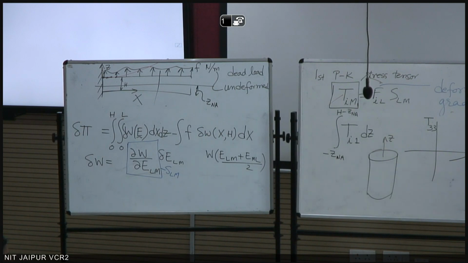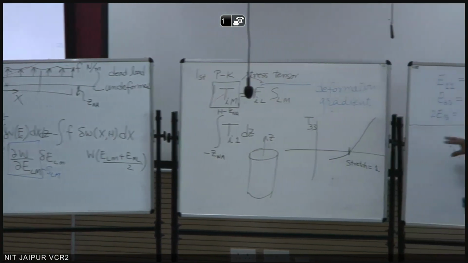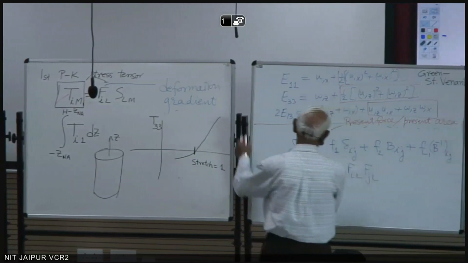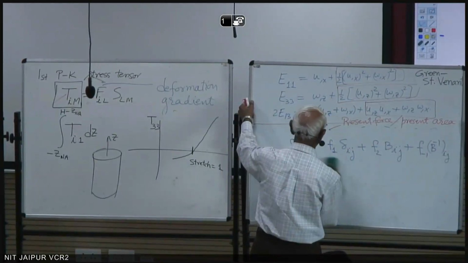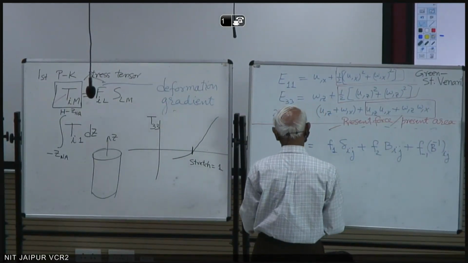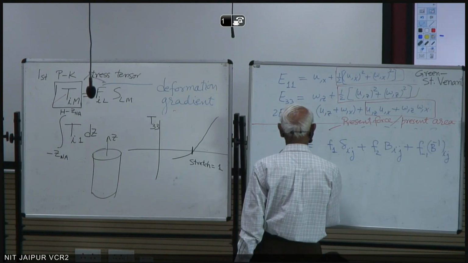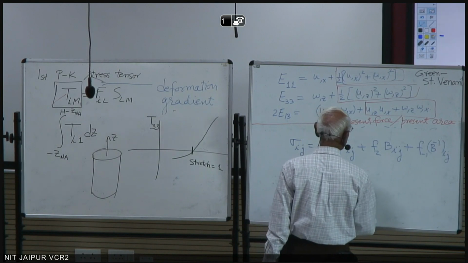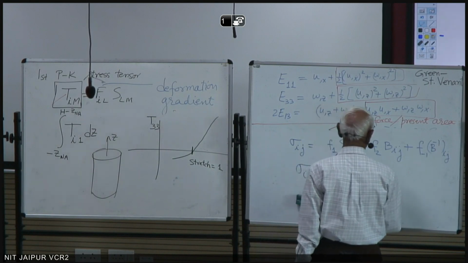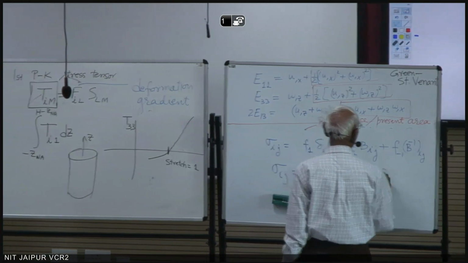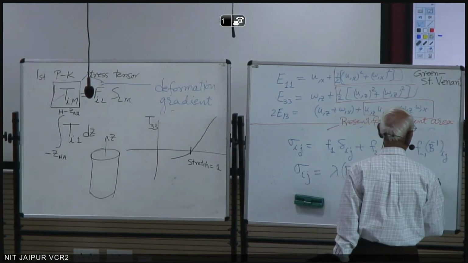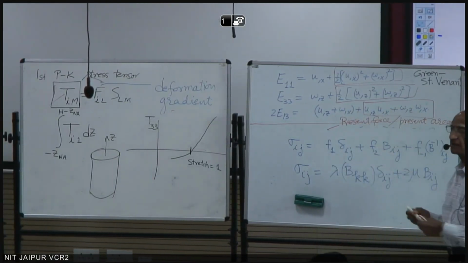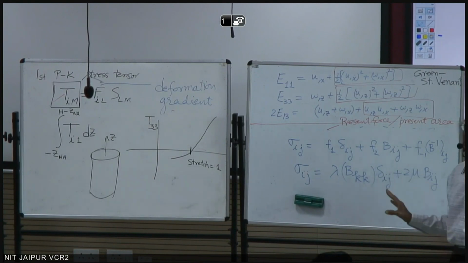And if you want to use something similar to what we did before, instead of this one, I will use sigma ij equal to lambda bkk delta ij plus twice mu bij. This does not give you zero stress in the undeformed state.